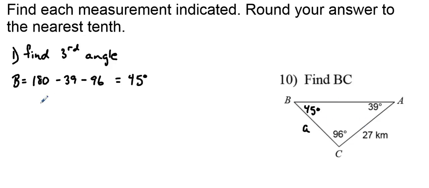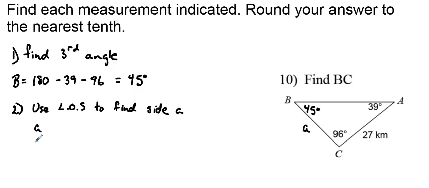So in order to do that, we're going to use the law of sines. So step 2 would be to use, and we'll say LOS for short, to find side A. And let's just set it up.